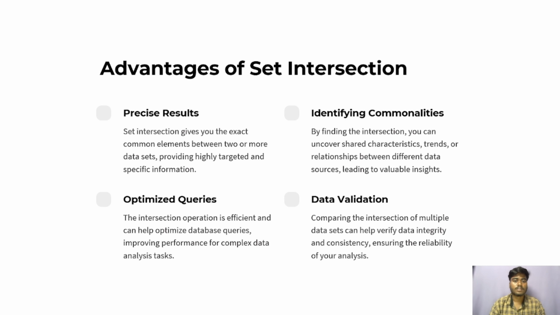Set intersection has the following advantages. Precise results. Set intersection gives you the common elements between two or more data sets, providing highly targeted and specific information. By identifying the commonalities through the intersection, you can uncover shared characteristics, traits, or relationships between different data sources, leading to valuable insights.